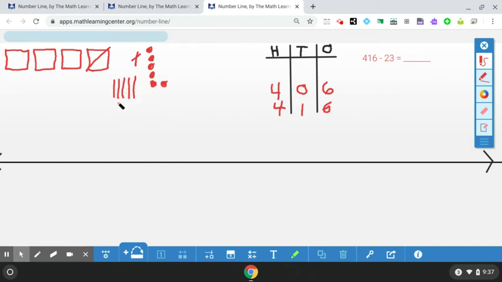There's 50, 60, 70, 80, 90, 100. So there's our 100 still, just broken apart. Can I take away another 10 now? I sure can. Now I can take away that second 10. There was my first 10. There's my second 10 for 23.